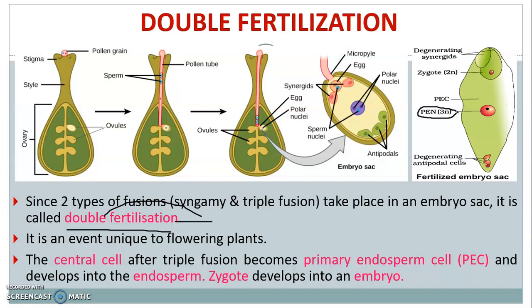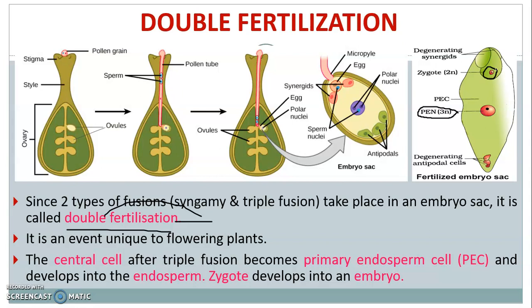This primary endosperm nucleus now develops into the endosperm, and the zygote, the 2n condition, the result of the fusion of male and female gametes, will develop into an embryo.